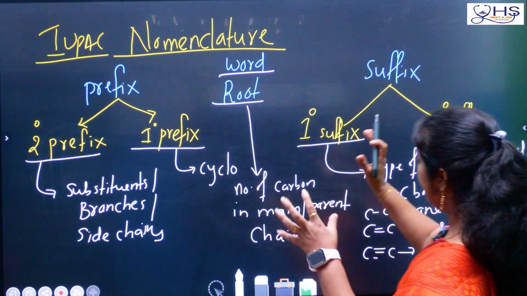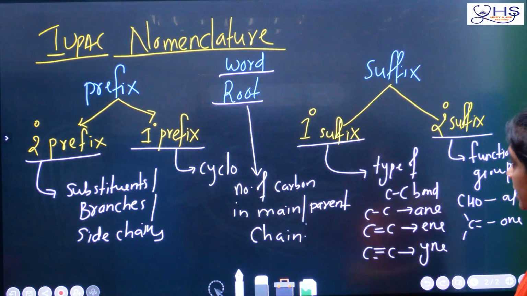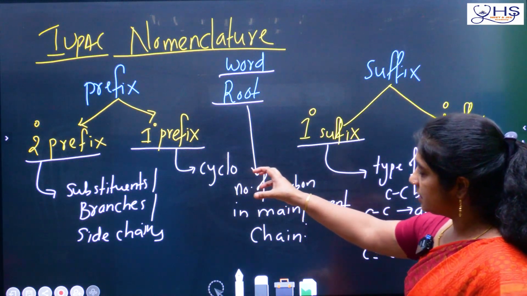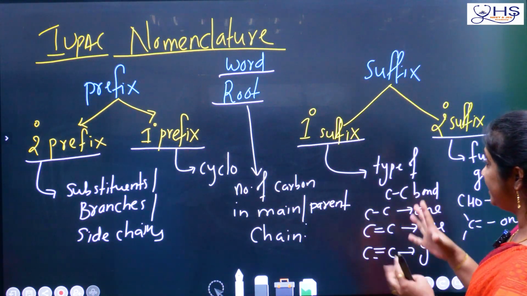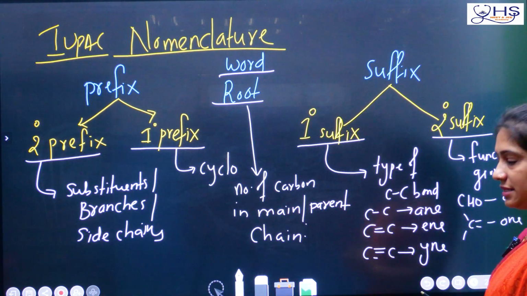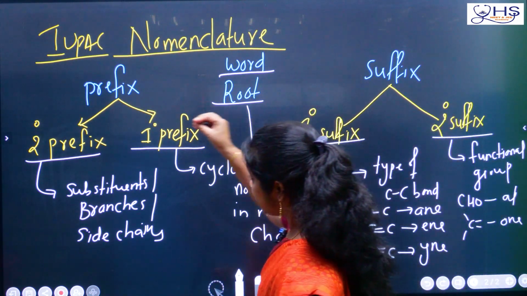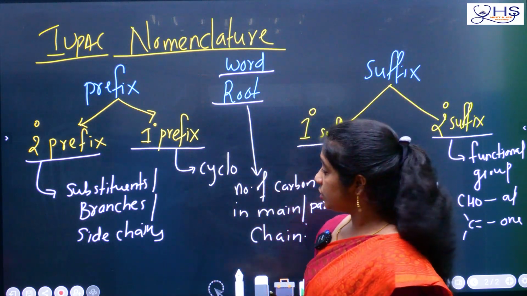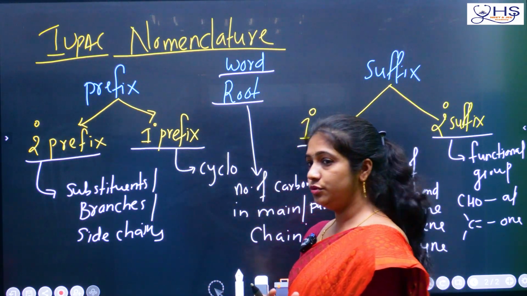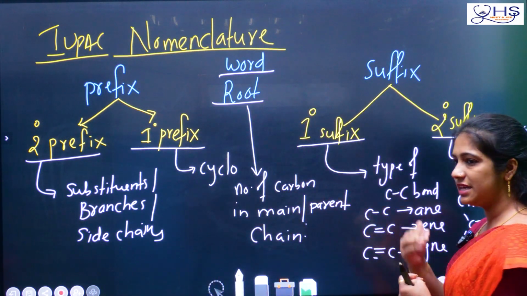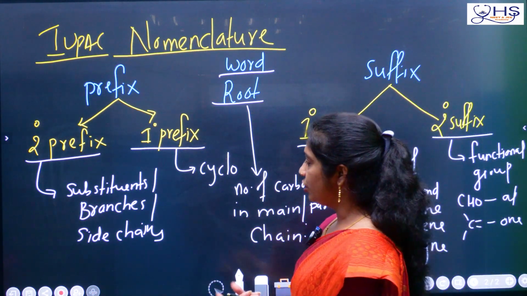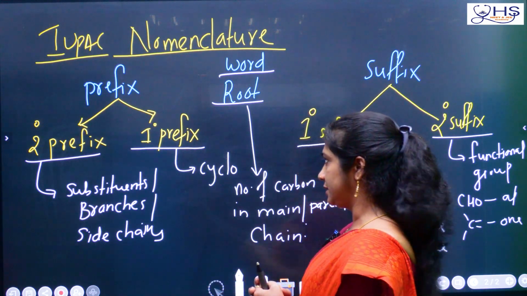So any IUPAC name contains three parts: the prefix part, with secondary prefix and primary prefix, the word root in the center part, and the suffix as the last part. In the secondary prefix we first write what indicates substituents, branches or side chains which are not included in the main chain. For example, methyl, nitro, methoxy, ethoxy, etc.